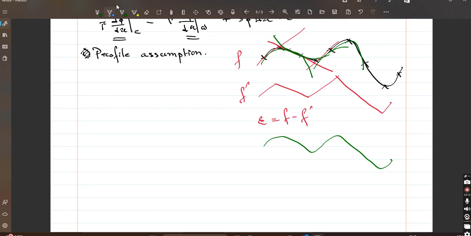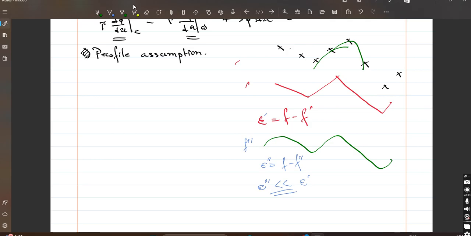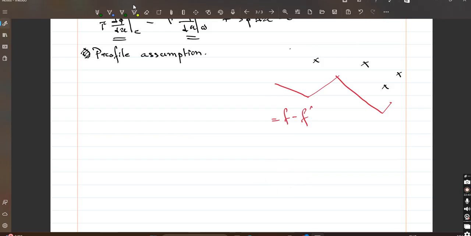Here, if you see, this is f double prime, then the error epsilon double prime, which is f minus f double prime, will be far lower than f prime or epsilon prime, the two errors. So this is one way that we can improve the quality of our solution. By the quality of our solution, I mean how close your numerical solution is to the actual solution of phi.